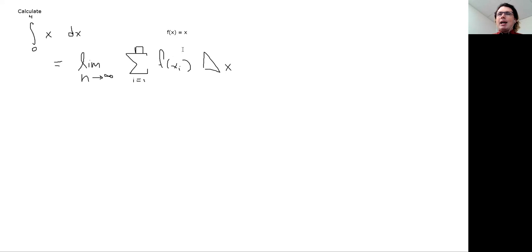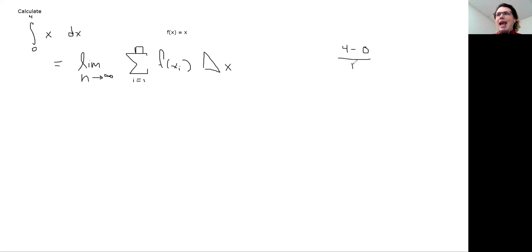Let's figure out what my heights will be. Let's figure out what my widths will be. Well, this interval starts at x coordinate 0, ends at x coordinate 4. So I know that this interval is 4 units wide.